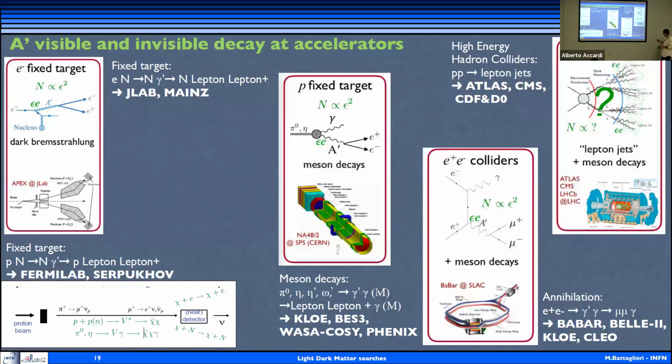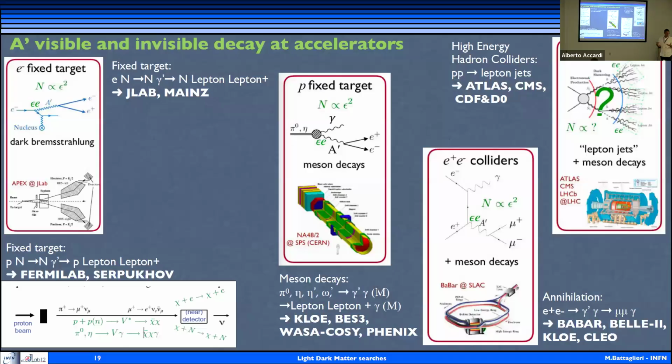So at JLab or MAMI, where they had electron beams, you produce A prime, and then you measure the pairs of e+ e-, and check if the pairs resonate in a bump. Very simple, very trivial, let's say. Or you do the same in fixed target with a proton beam, NA48 at CERN for instance, where you mainly produce mesons.